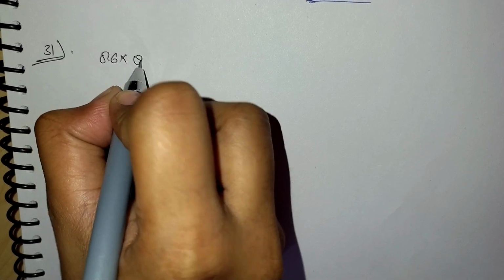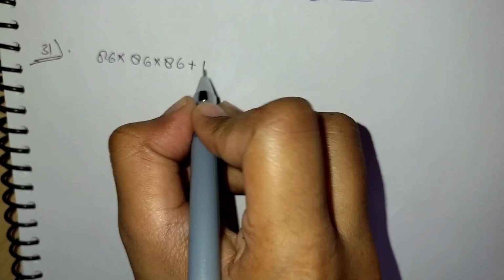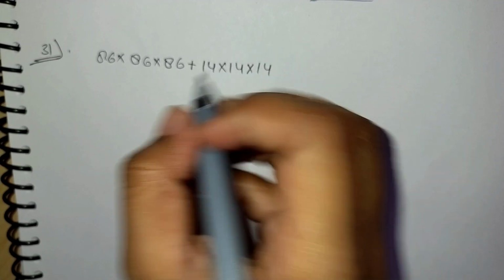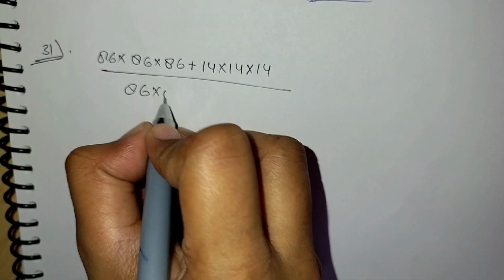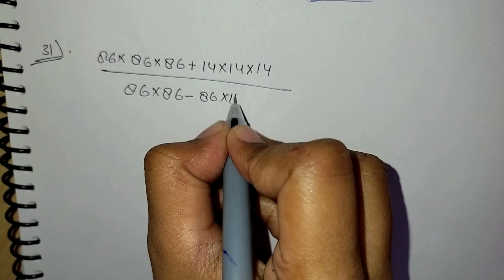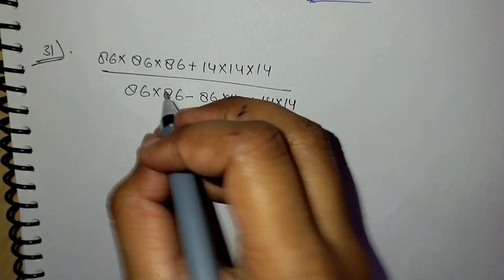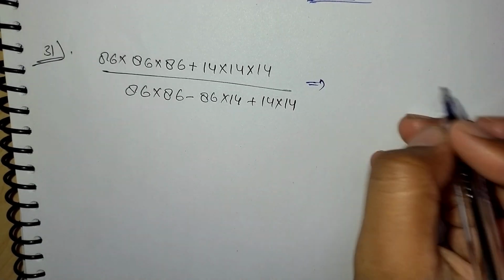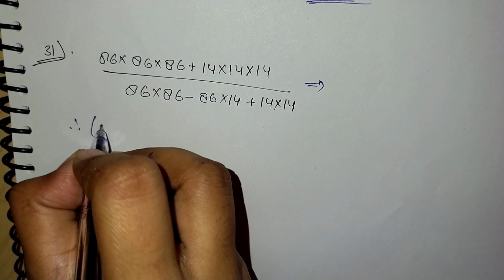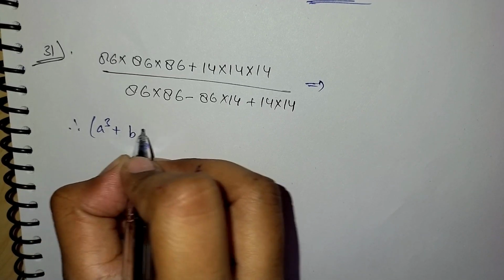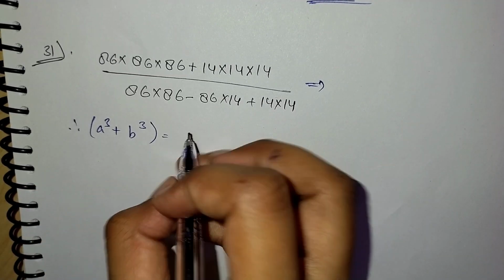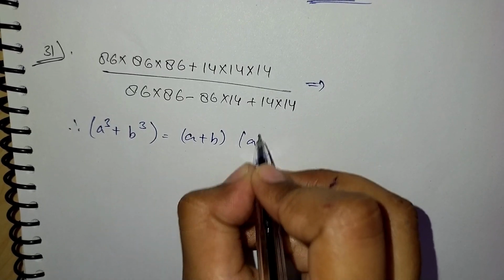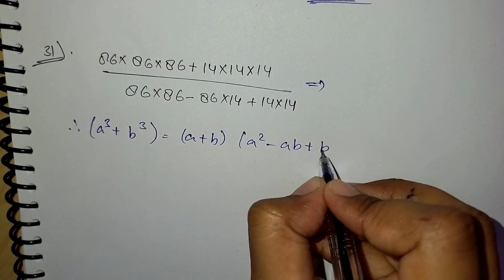Using a suitable identity, find the value of 86 into 86 into 86 plus 14 into 14 into 14, divided by 86 into 86 minus 86 into 14 plus 14 into 14. Here, by seeing this, we can use the formula a cube plus b cube is equal to (a plus b)(a square minus ab plus b square).